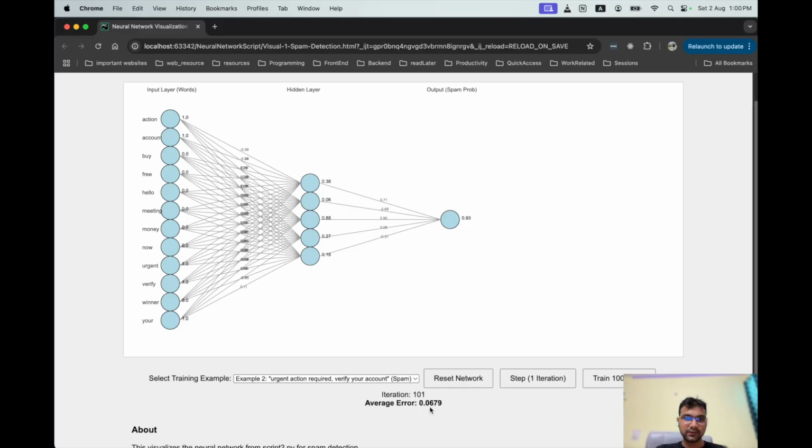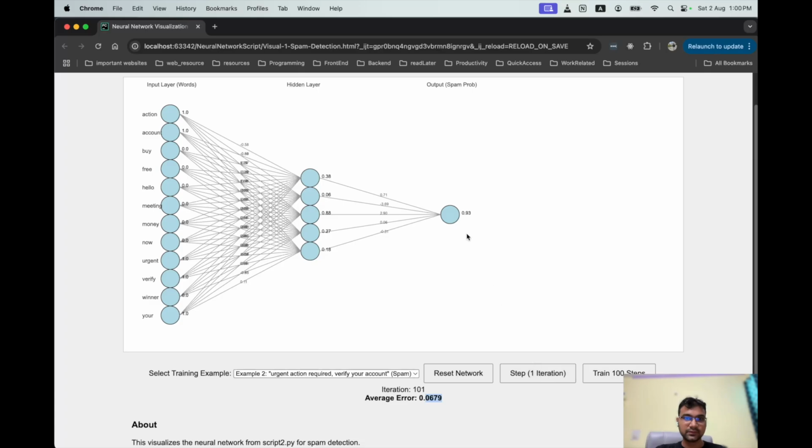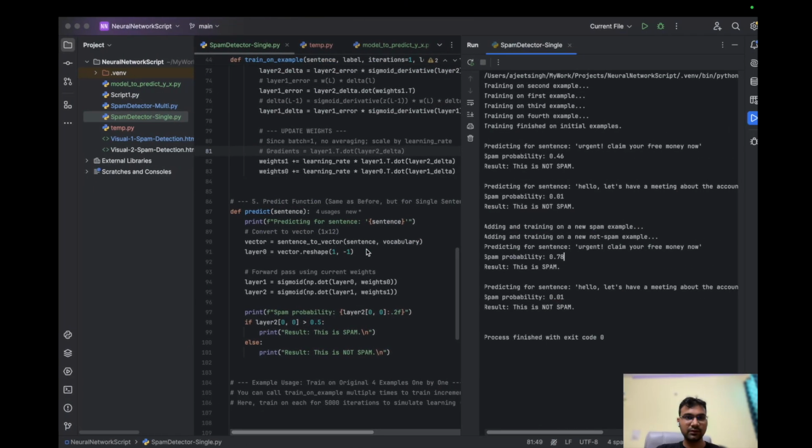We can see the average error has reduced considerably, and the spam probability is also 0.93. If we keep on training, the spam probability keeps increasing. This one is 0.96, and this one is not spam. So now the network is predicting correctly. That's how the single example approach works.